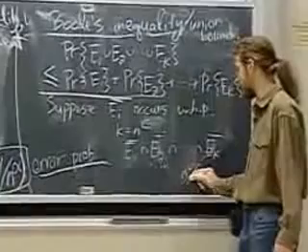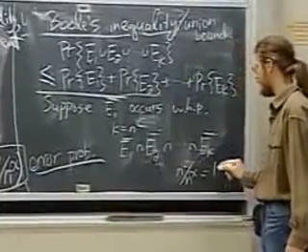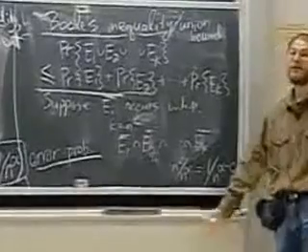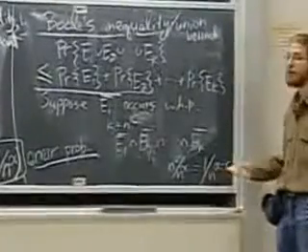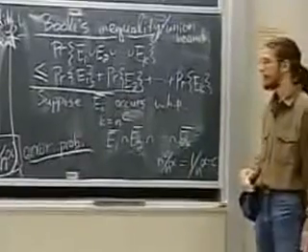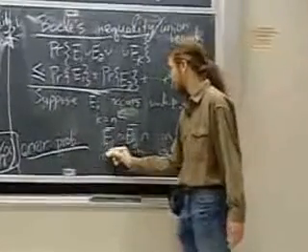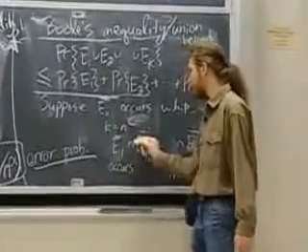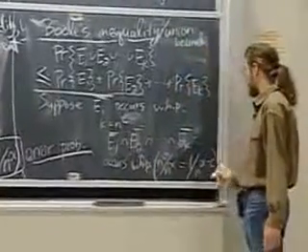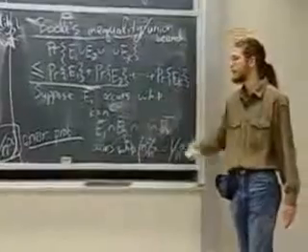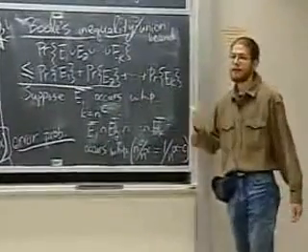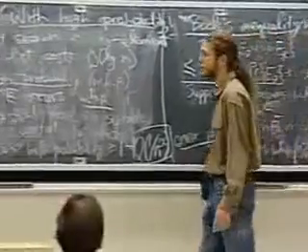I get n to the c over n to the alpha, which is 1 over n to the alpha minus c. I can set alpha as big as I want, so I set it much, much bigger than c, and this event occurs with high probability. I made a mess here, but this event occurs with high probability because of this. Whatever the constant is here, however many events I'm taking, I just set alpha to be bigger than that, and this event will occur with high probability too.